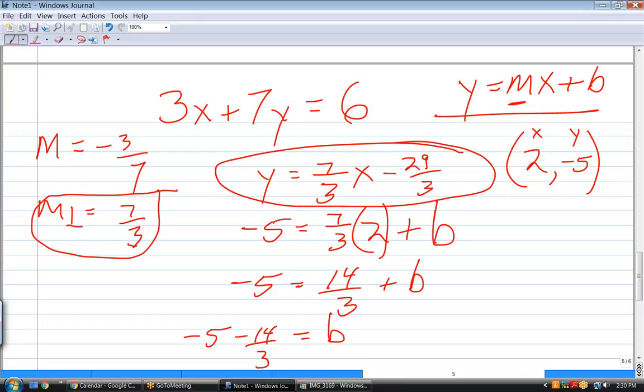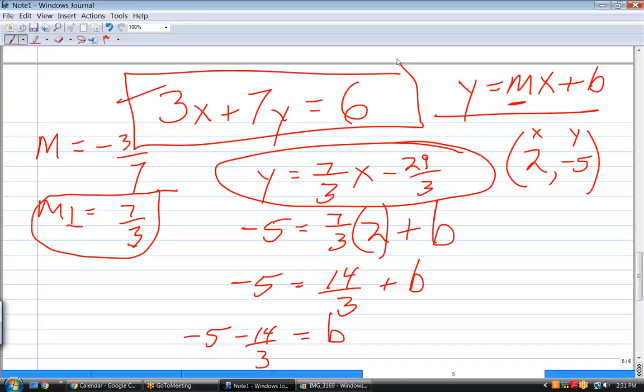So this was a great problem, because first of all, you had to manipulate that to get it into y equals mx plus b format, so that you could figure out the slope of this line. Then you had to know that the perpendicular was the opposite reciprocal, so you could figure out the slope of that line.